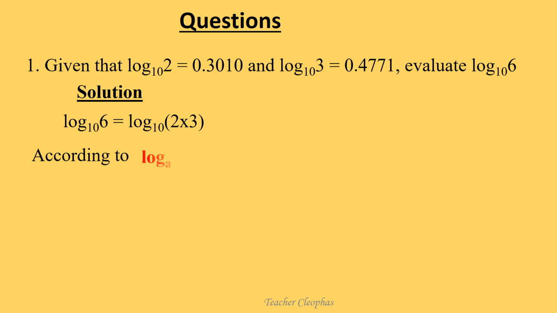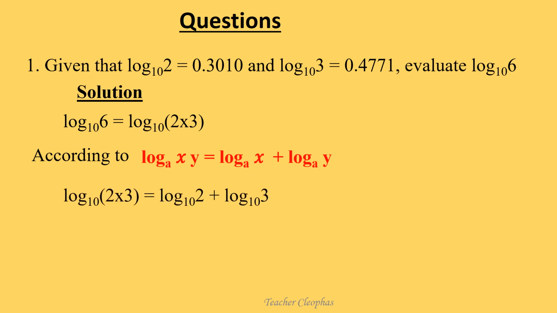Now, according to the law that states that logarithm of xy to base a equals logarithm of x base a plus logarithm of y base a, we can write logarithm of 2 times 3 to base 10 as logarithm of 2 to base 10 plus logarithm of 3 to base 10.